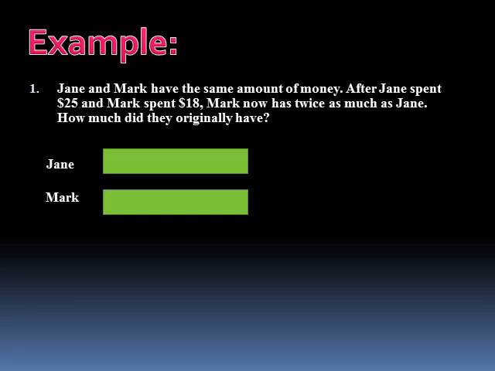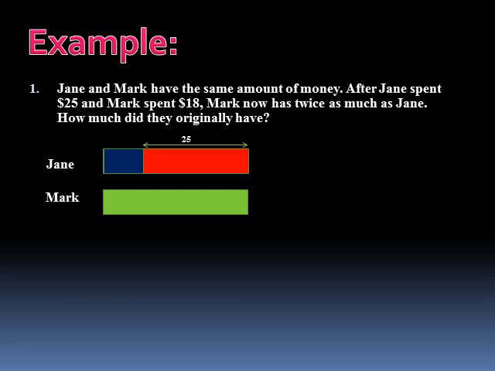Now Jane spent $25, right? So let's say the red box represents the money that Jane spent, and that is $25. Now it says here, after Jane and Mark spent those amounts of money, Mark has now twice as much as Jane. Now let's go back to Jane's box. Jane has spent $25, and so the blue box represents the remaining money that she has, right?